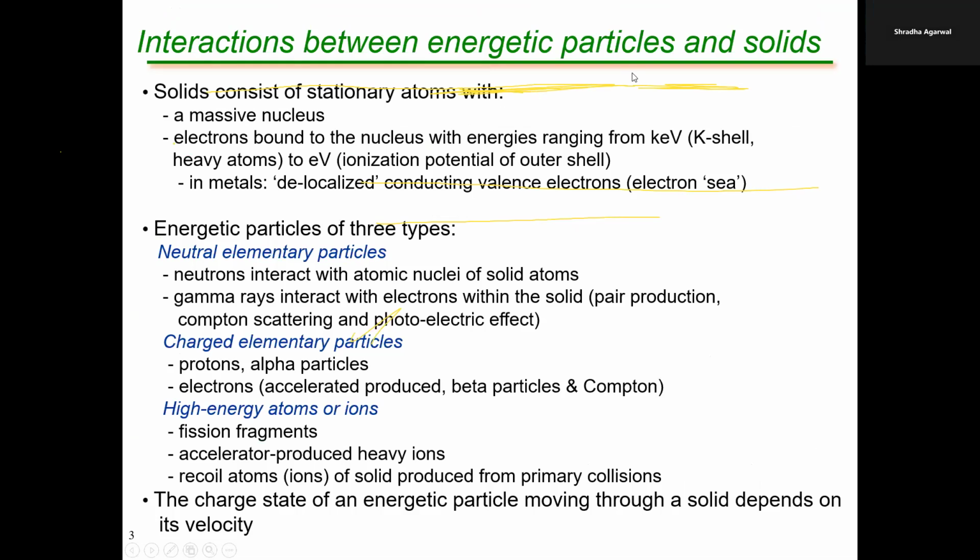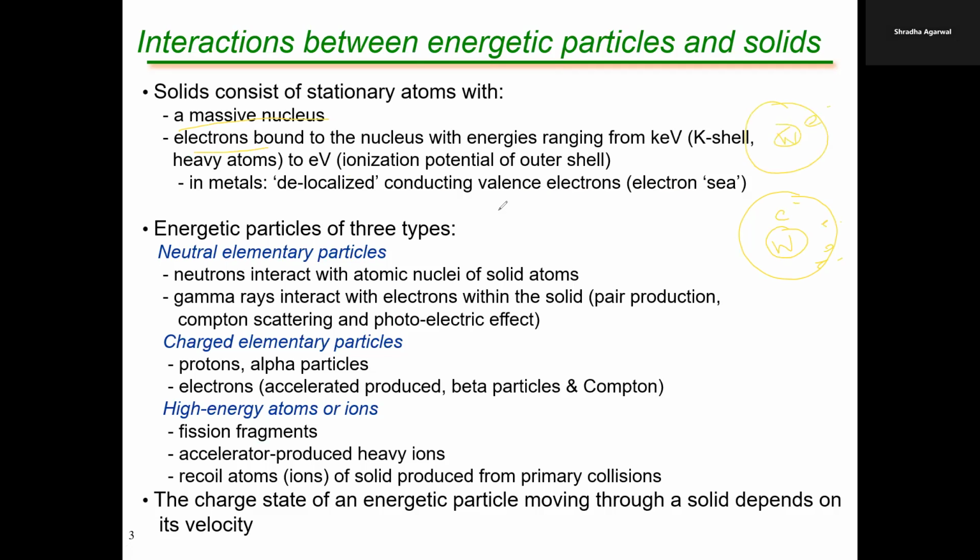So guys, here we know that a solid consists of stationary atoms, right? We all know this. What is a solid about? It has a nucleus, it has electrons. So this is a solid which has a nucleus and electrons around it, and like this you have the entire solid.